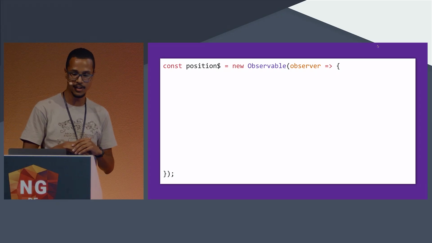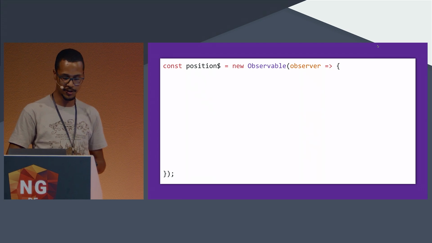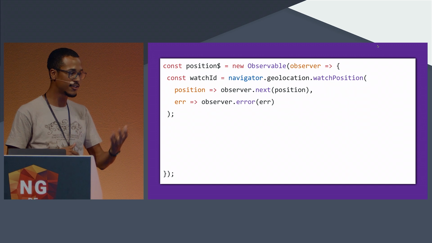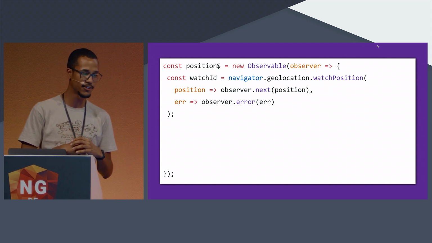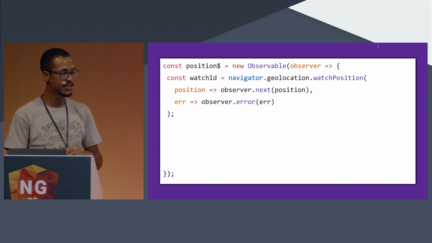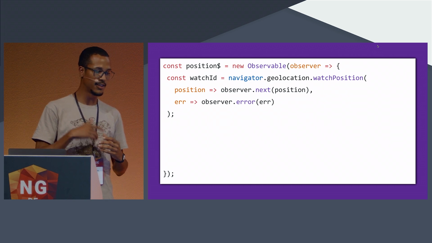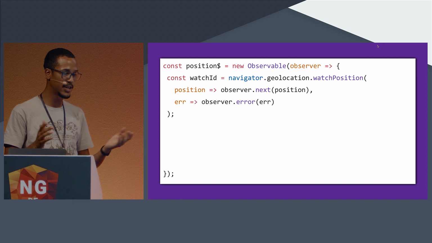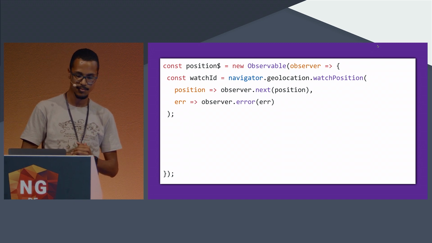So let's say we want to port the geolocation API to be consumed as a stream. We first set up the listeners to receive updates on every position change. We map the update callback to the next call, and also the error callback, should any error happen.